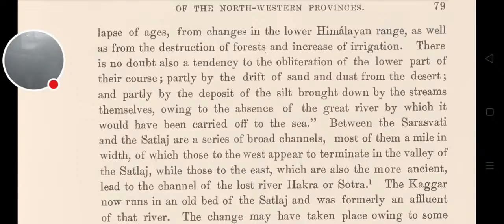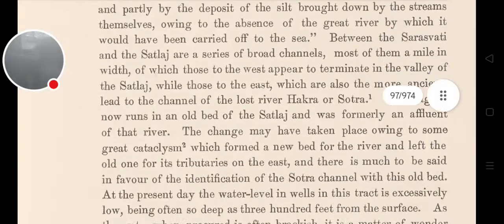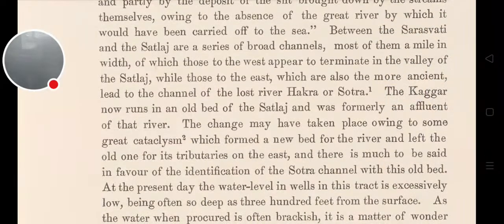Between the Saraswati and the Sutlej are a series of broad channels, most of them a mile in width, of which those to the west appear to terminate in the valley of the Sutlej, while those to the east, which are also the more ancient, lead to the channel of the lost river Hakra or Sotra.